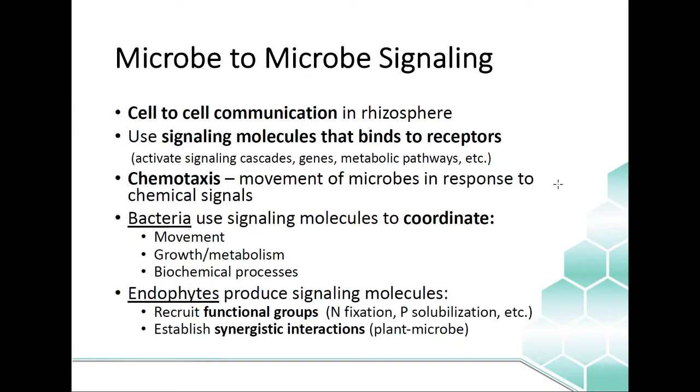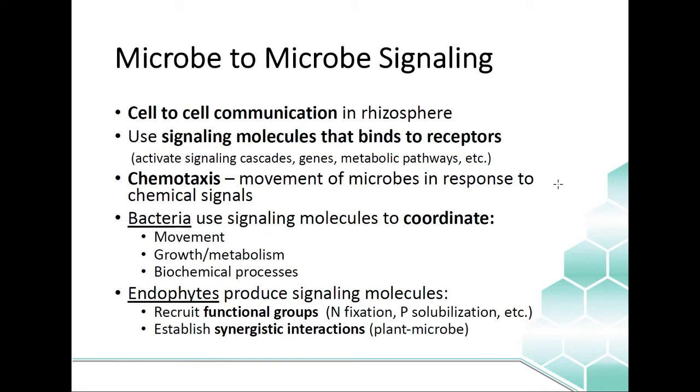They move together, they grow together, they coordinate their metabolism, and they also coordinate their biochemical processes. So one will focus, for example, on nitrogen fixation, a different group will focus on phosphate solubilization. They coordinate all the biochemical processes based on what the plant's needs at that stage are.